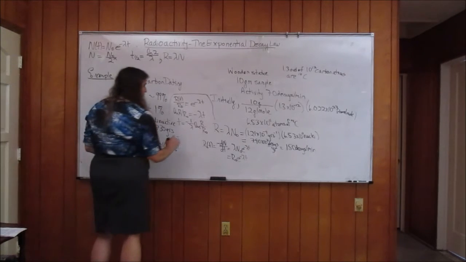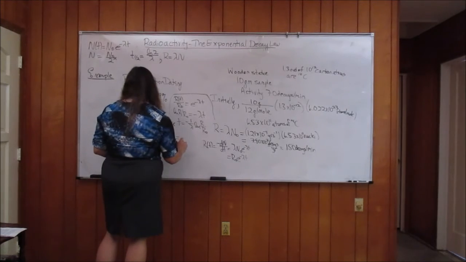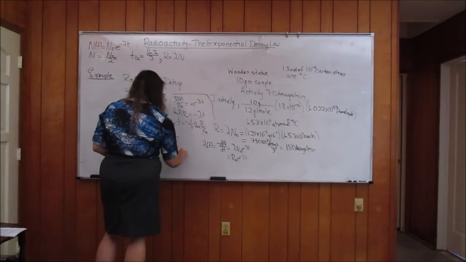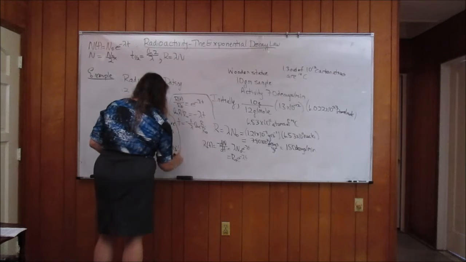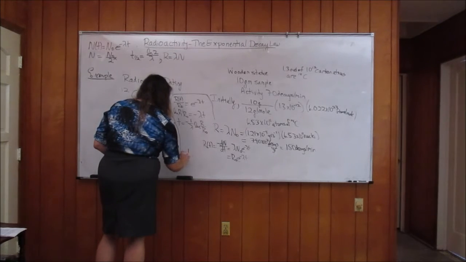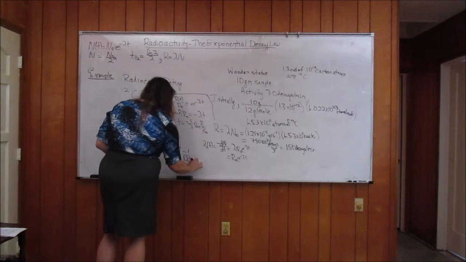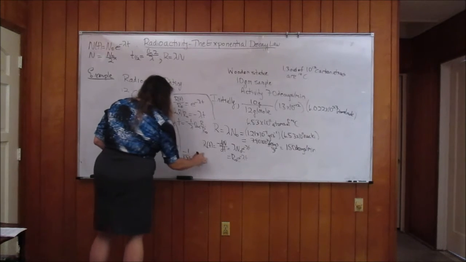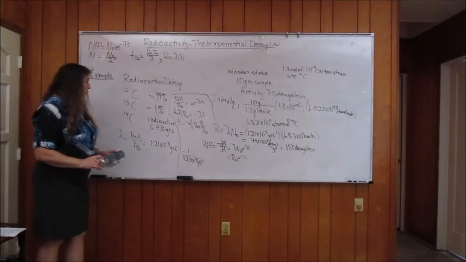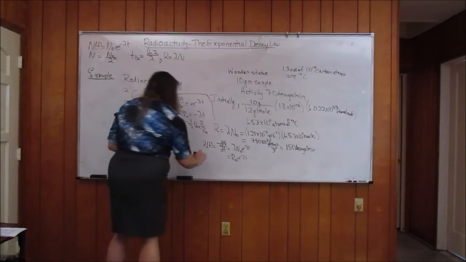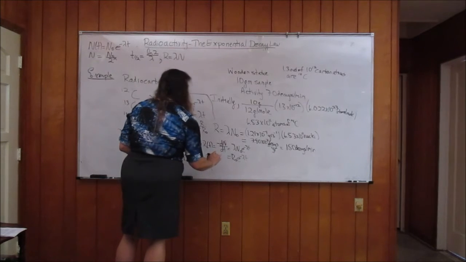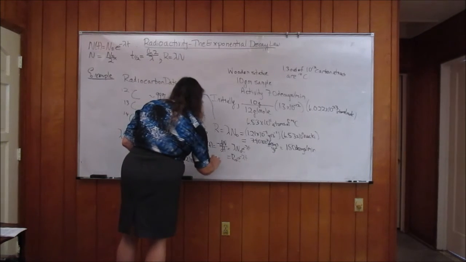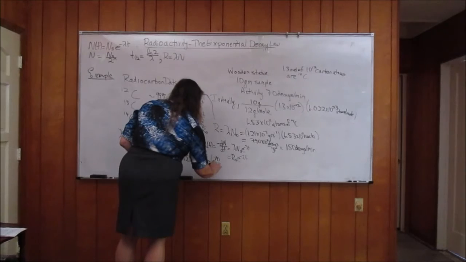And that is equal to minus 1 over 1.21 times 10 to the minus 4 per year, natural log of 70 over 150.